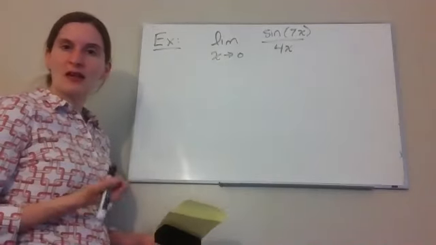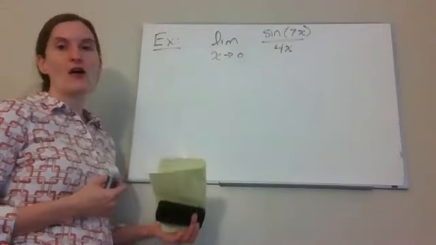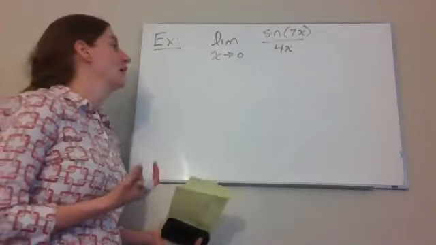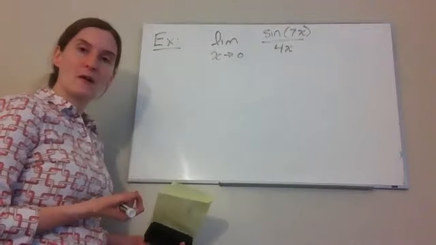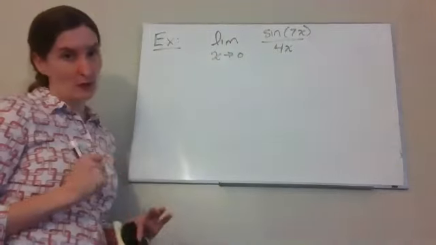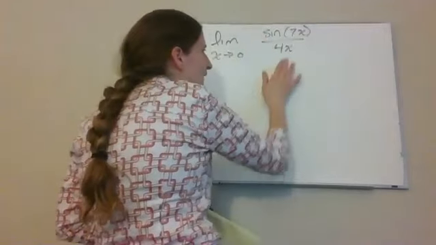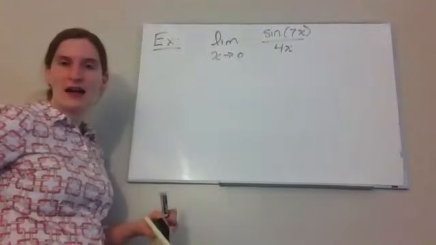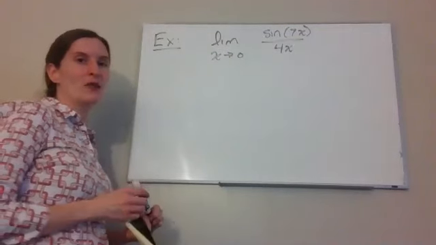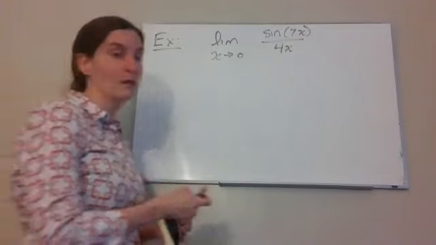That fact that we had just learned says that when you have sine of something divided by that same something, and your limit is going to 0, then you get 1. So this limit is not equal to 1 because right now, this 7x inside the parentheses does not quite match that 4x. They both have an x, but the numbers disagree. So I'm going to multiply by 1 in an interesting way so that I can use my fact.